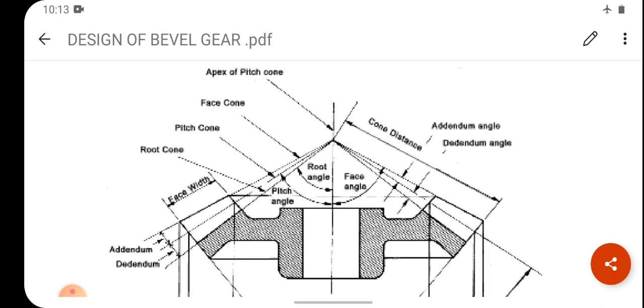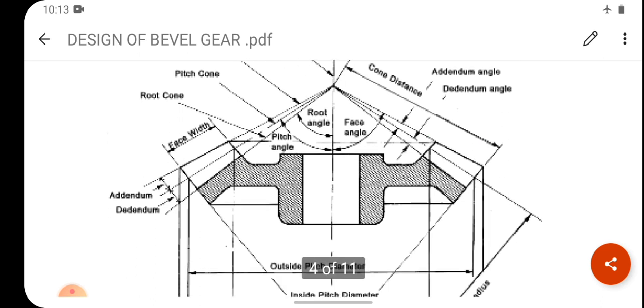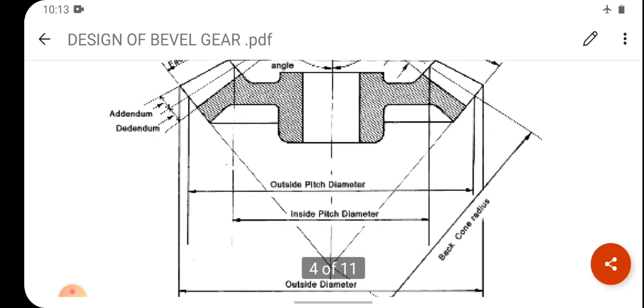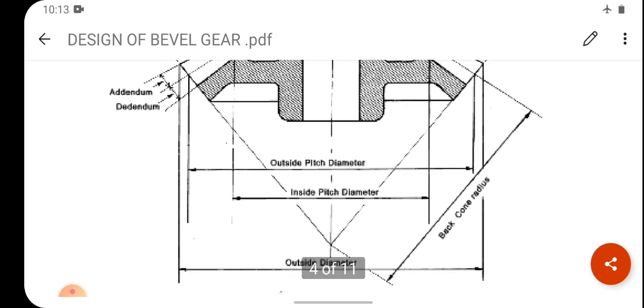And there is an addendum angle and there is a dedendum angle. Now see this, there is an outside pitch diameter. Draw a vertical line from the pitch circle and take a horizontal distance. It will give you outside pitch diameter. Another one is inside pitch diameter.